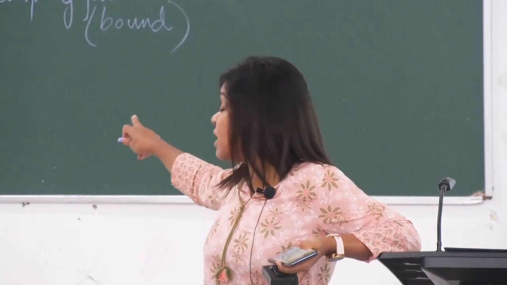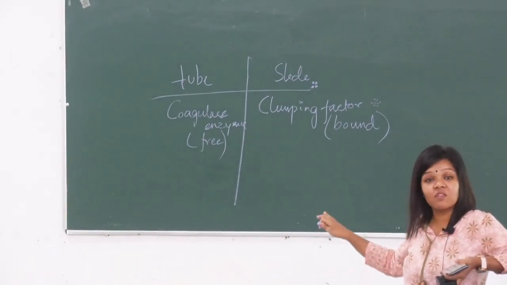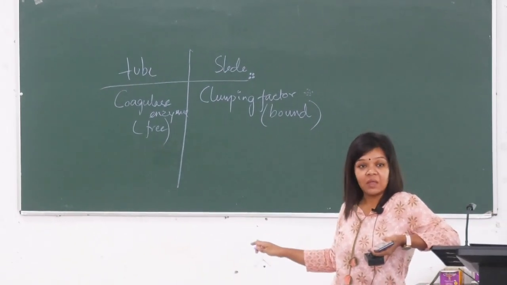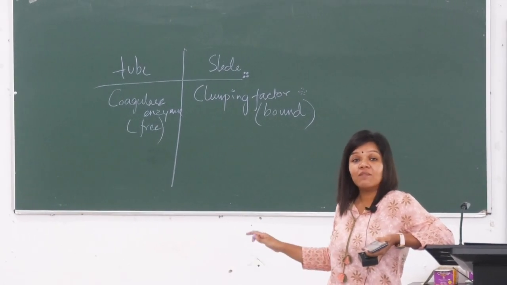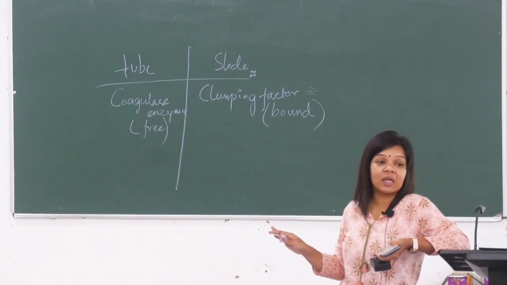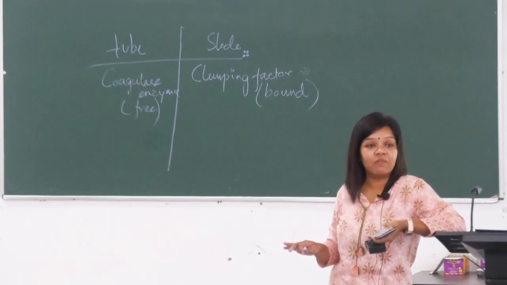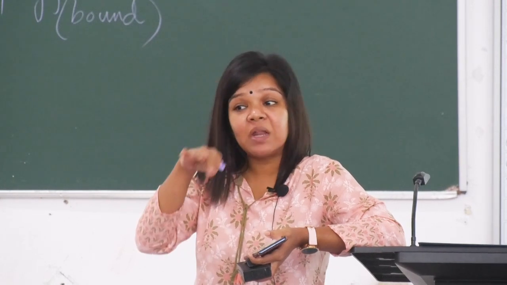By tube coagulase, we are demonstrating the presence of coagulase enzyme. And by slide coagulase, what we are demonstrating? If the bacteria has a clumping factor or not. Many bacteria can have the clumping factor or bound coagulase, membrane bound coagulase. Why is it called bound coagulase? It is membrane bound, means on the cell wall membrane, it has the clumping factor.